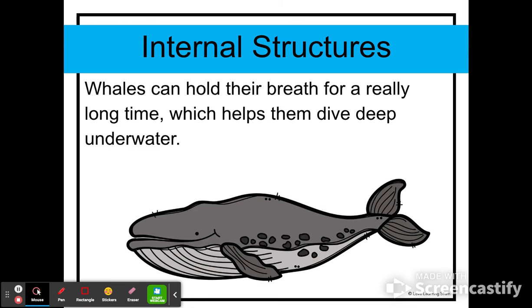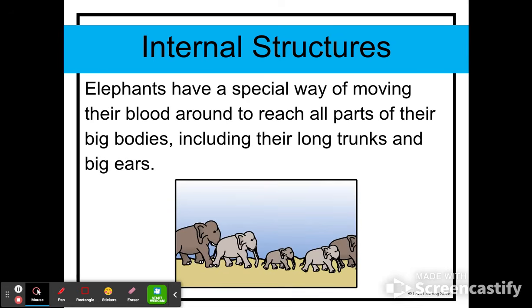Whales can hold their breath for a really long time, which helps them dive deep underwater. Elephants have a special way of moving their blood around to reach all parts of their big bodies, including their long trunks and big ears.